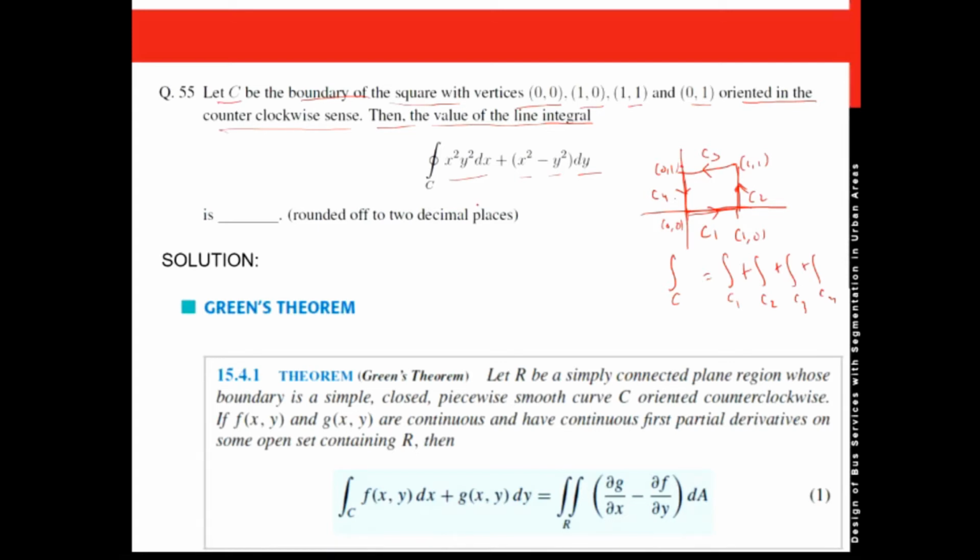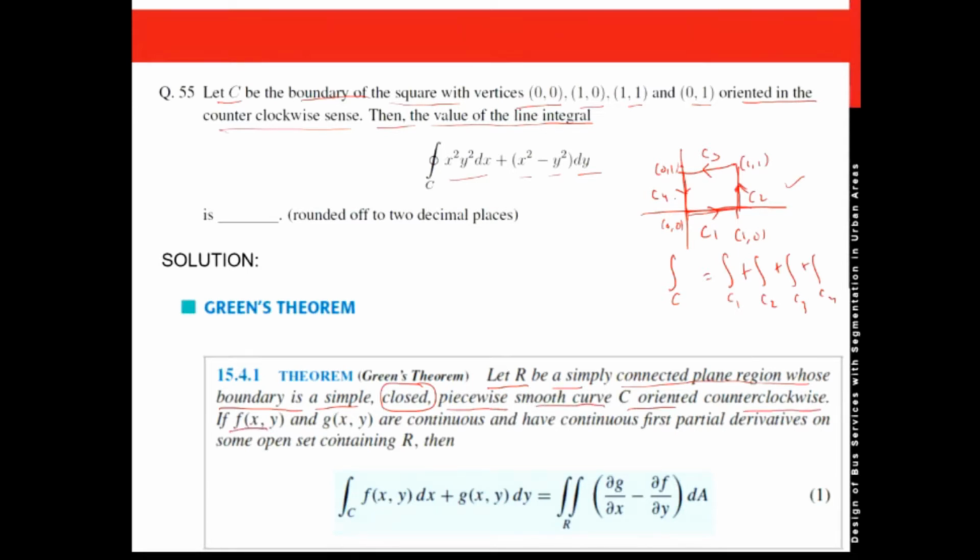If you use Green's theorem, then you can easily find the answer. Otherwise, it will take a lot of time. So Green's theorem tells us: let R be a simply connected plane region whose boundary is a simple closed curve. You have to check whether the given curve is closed or not. Okay. Simple closed curve and piecewise smooth curve C oriented counterclockwise.